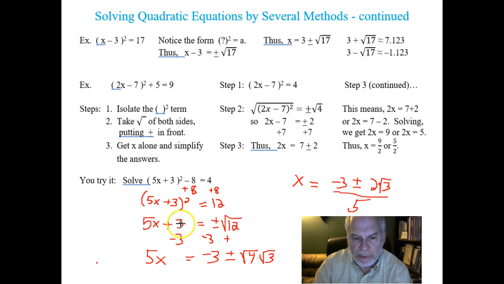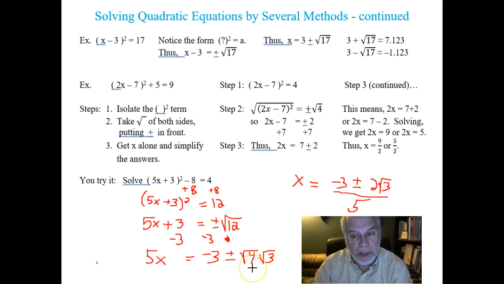Now I want to move this 3 over first, so I'm going to subtract 3 from both sides. Just ignore this plus sign; I didn't mean to write that. So you have 5x on the left side equals negative 3 plus or minus the square root of 12. I went ahead and broke up the square root of 12 into the square root of 4 times the square root of 3 because 4 times 3 is 12.